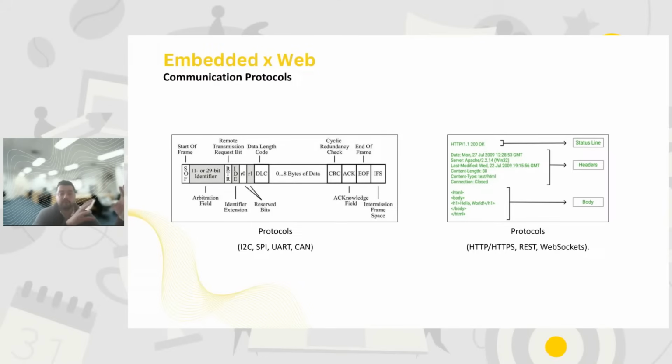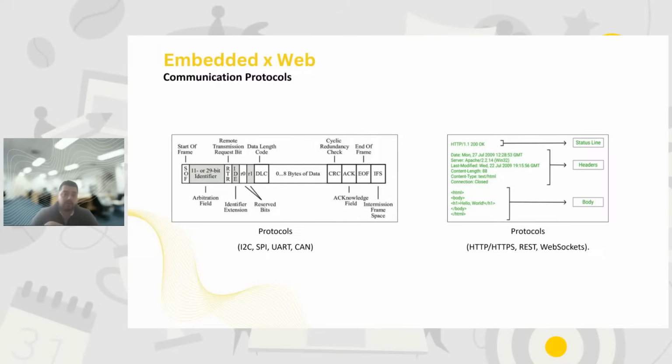In embedded, we communicate with low-level protocols, low-level because we are operating really close to the hardware, and we can talk about CAN protocol, I2C, SPI, UART, and others. On the other hand, when we are talking about web, we have examples like HTTP, HTTPS, REST, WebSockets, etc. But these are protocols.